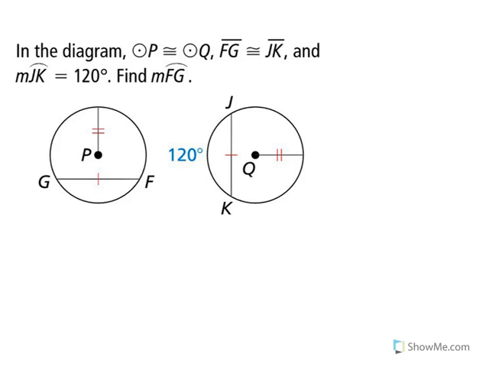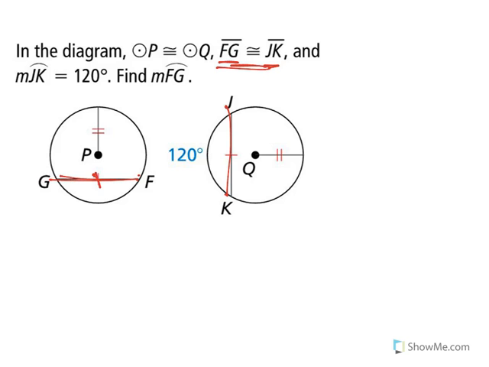So let's see what all that means to us. You've got to pay attention to the words, because sometimes, especially in this book, the words are already written. It says that FG is congruent to JK, right? FG is congruent to JK.